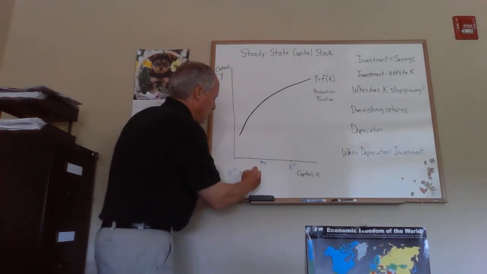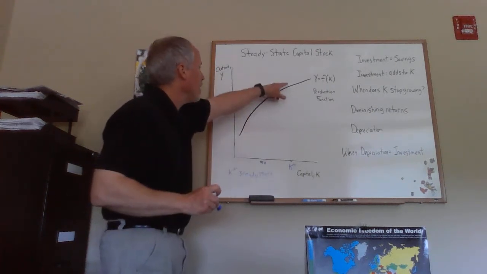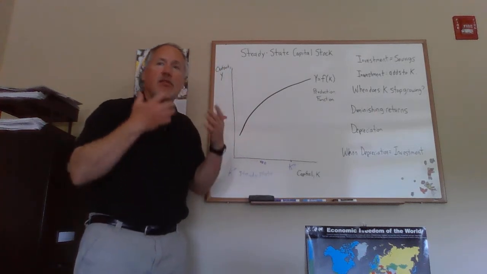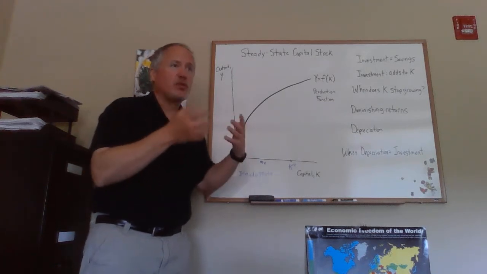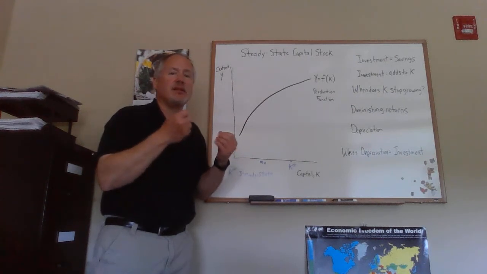And then that would give us a level of output off of the graph here, and that would give us the steady state level of output. And we will have, in effect, solved or come to a solution in this necessarily dynamic model.